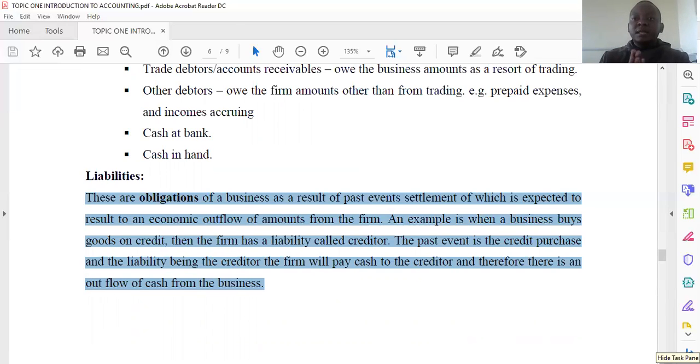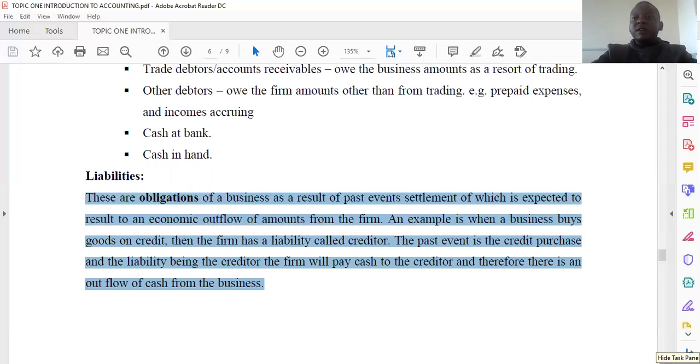Basically, a liability is a financial obligation of a business whose payment will result in an outflow of cash from the business, and it is as a result of a past event. A good example is a creditor, as a result of buying on credit basis. So you've seen that liabilities are a source of the resources of the business.